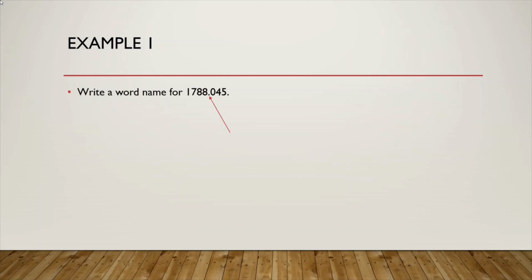So the determining mark is the decimal, and that separates the whole part from those place values that are less than 1: tenths, hundredths, thousandths. And the way that you pronounce it is you want to look at the place where it ends. So here, that 5 is in the thousandths place.